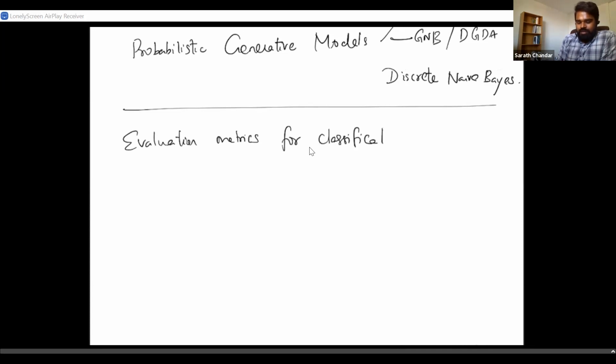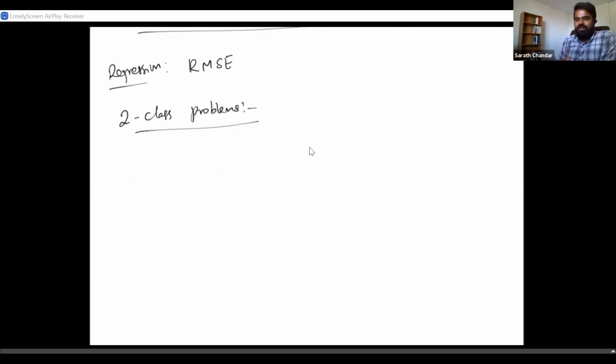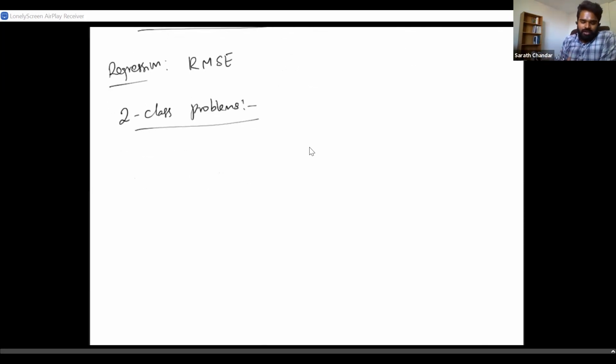Remember that in the case of regression, the standard evaluation metric that we use is RMSE, the root mean square error, which is on the same scale as the value you're interested in predicting, and it's a good metric. Now in the case of classification, so far we have seen only one metric, which is accuracy. For today's discussion, I will just talk about 2-class problems, and you can extend these discussions to multi-class problems by yourself.